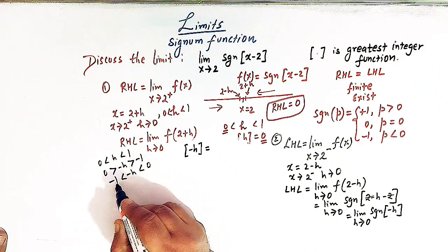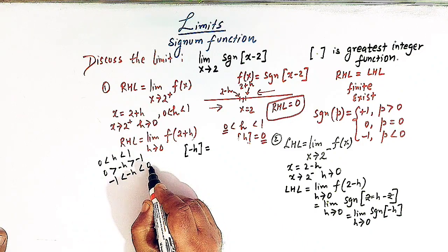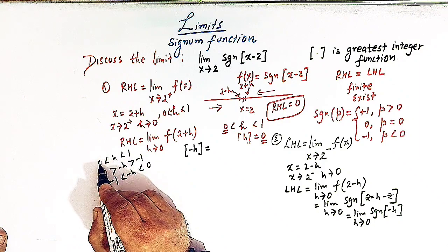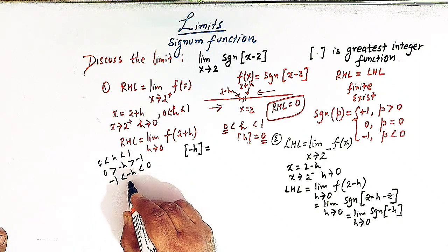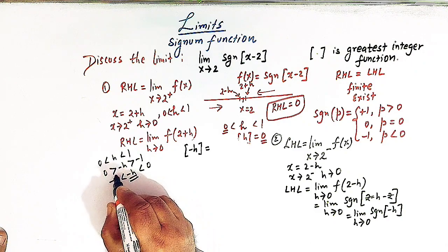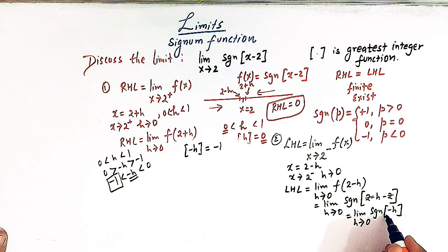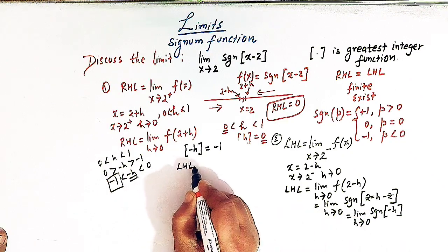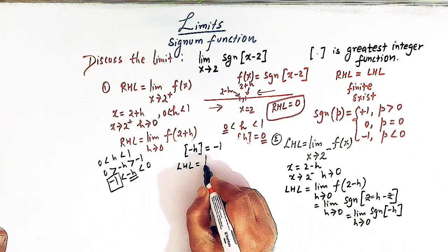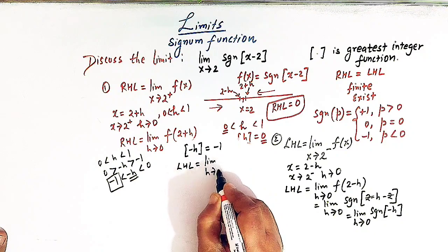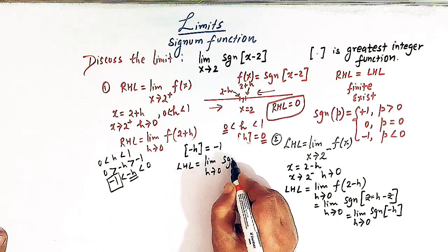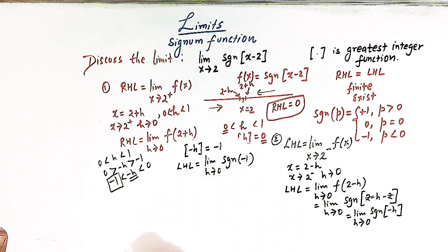So minus h lies between minus 1 and 0, while h lies between 0 and 1. So the greatest integer of minus h should be equal to minus 1, right? So now the left hand limit is given by limit h tends to 0. We have signum of minus 1, right?